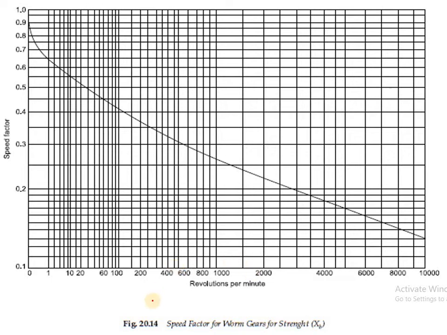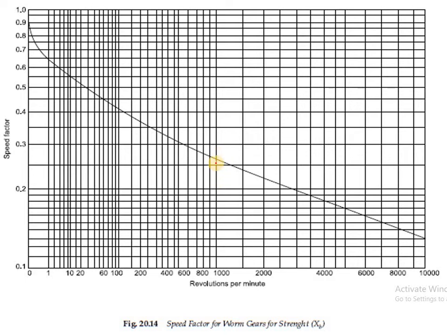Now speed factor depends upon revolutions per minute. If you are finding XB1, use N1, and for XB2 you have to use N2. N1 is the speed of worm and N2 is the speed of worm wheel. So if suppose 1000 is N1, then you have to go to this vertical line.